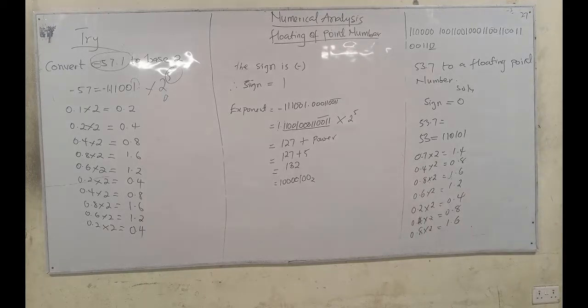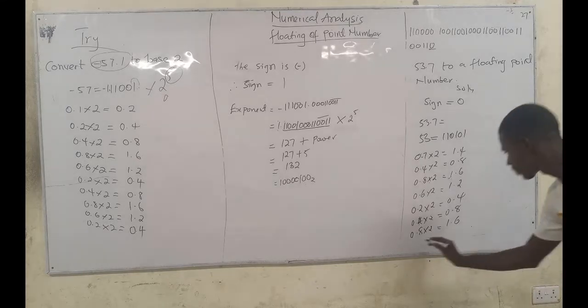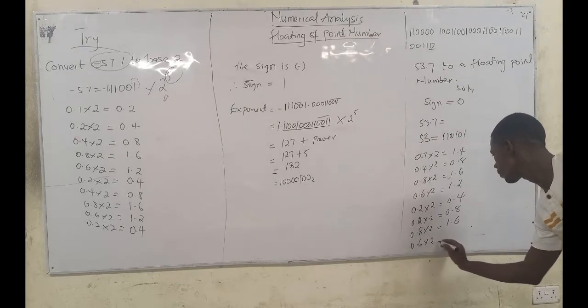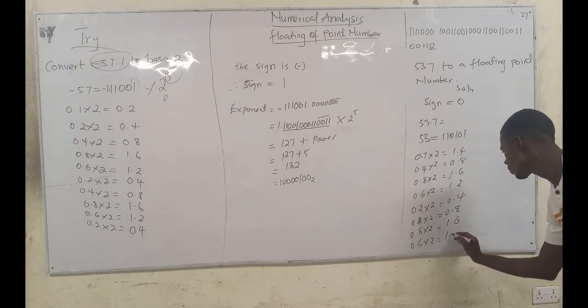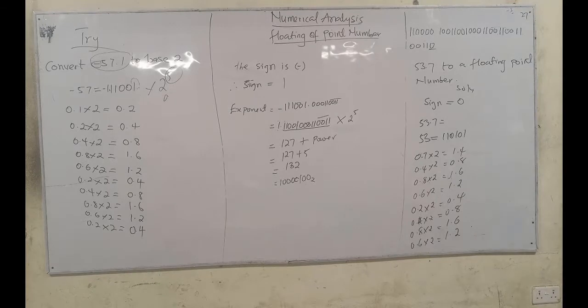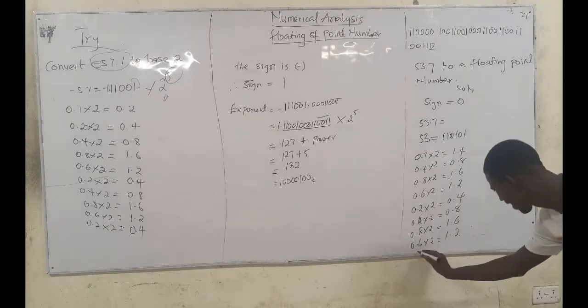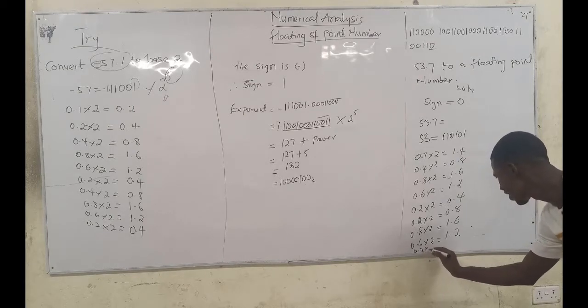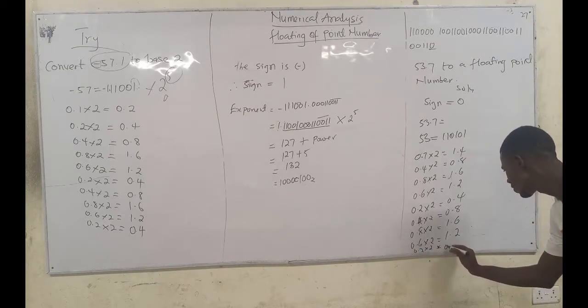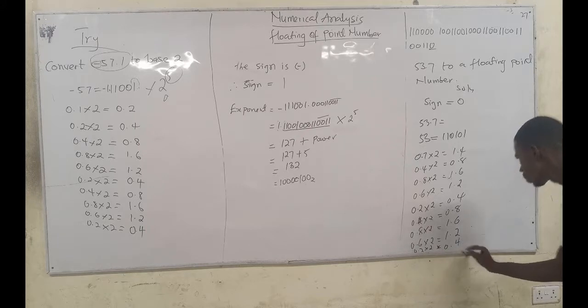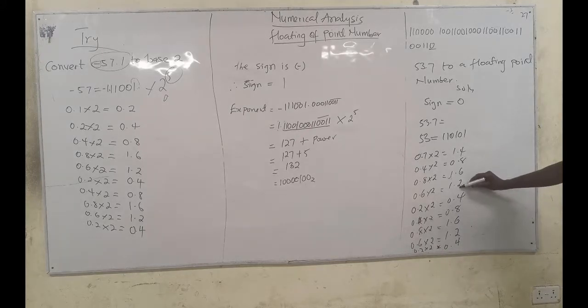So what do you see? You see 1 0. So I get 0011. 0011.